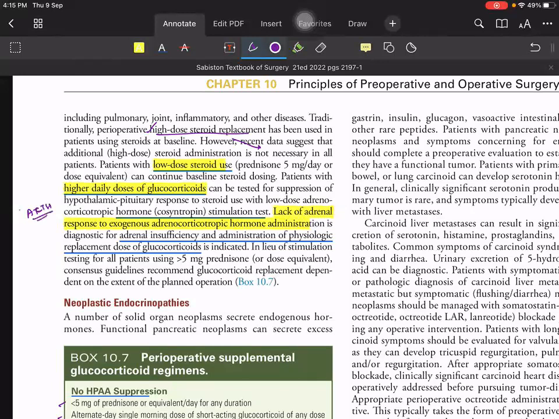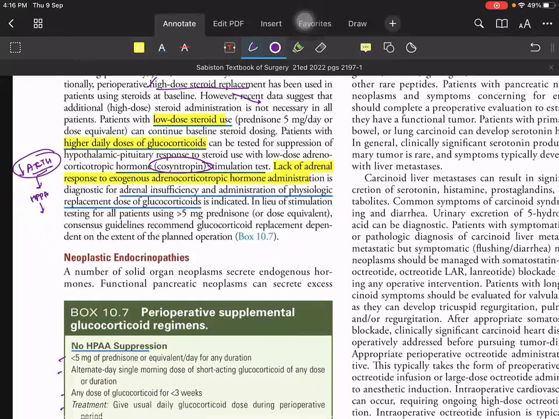You have to give low dose ACTH to check the HPA, hypothalamic pituitary axis, whether it is secreting steroid or not. Then only you have to give steroids. The test is called the cosyntropin test. Cosyntropin stimulation test means by using ACTH, you are stimulating the hypothalamic pituitary axis for the secretion of steroid, for checking. Okay, that's the thing.